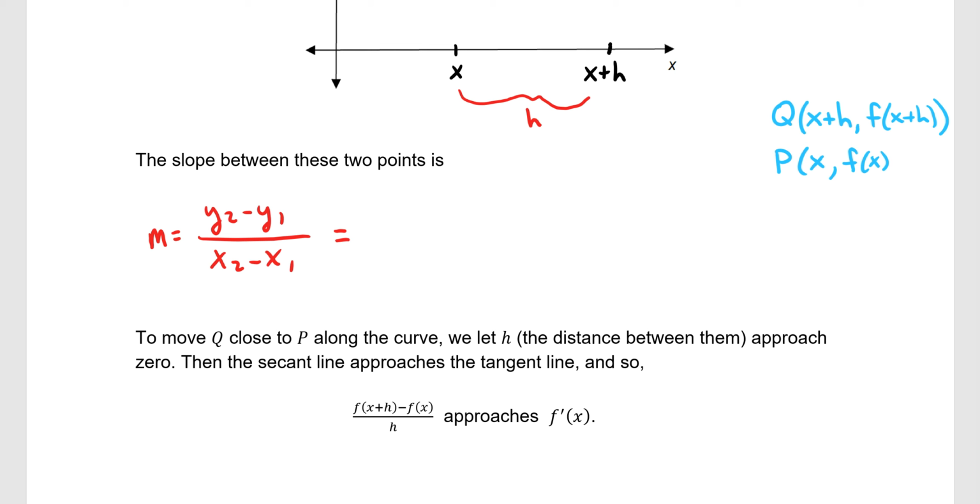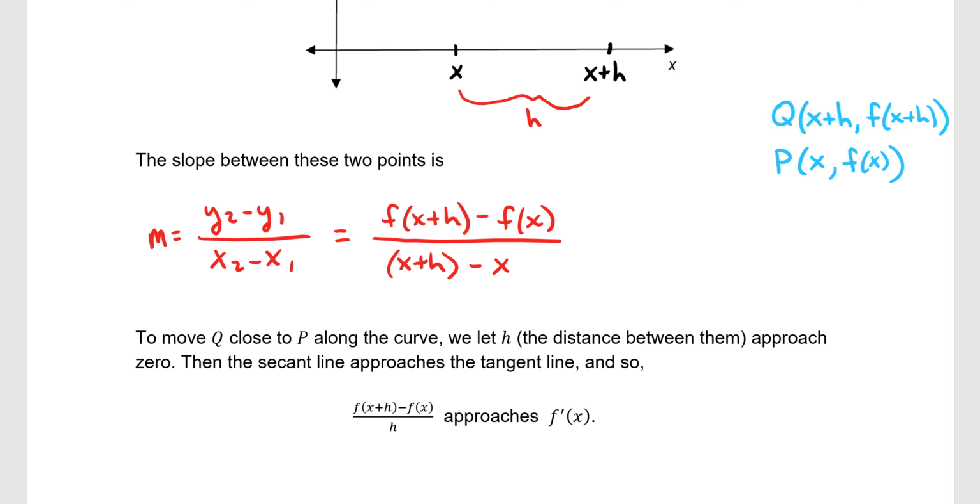Okay, once we have that, we can actually find the slope between them. We can say that the slope between them is y2 minus y1, so a difference in their y coordinates divided by the difference in their x coordinates, right? y2 minus y1 over x2 minus x1.